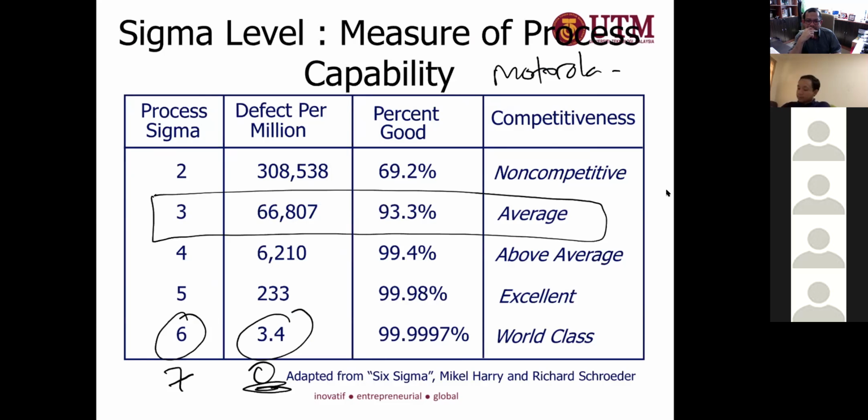Is that true? Are they calculating sigma or are they just making it up? I think they base it on their capability today, but they are targeting to improve their Sigma. I don't think they are Six Sigma.